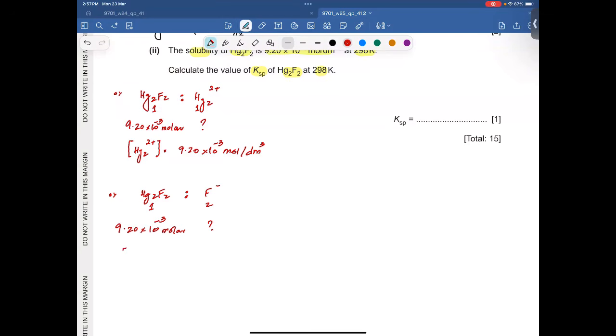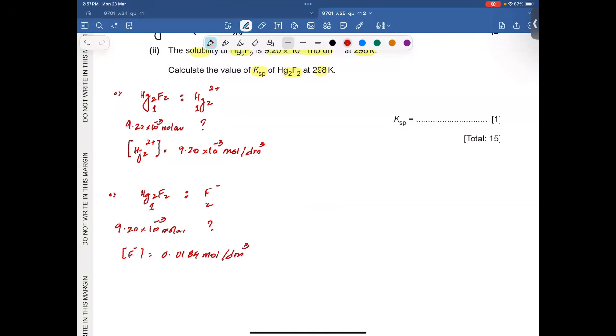So the concentration of fluoride ions is going to be how much from here? 9.2 exponent minus 3 into 2. So it's going to be 0.0184 mole per dm cube.